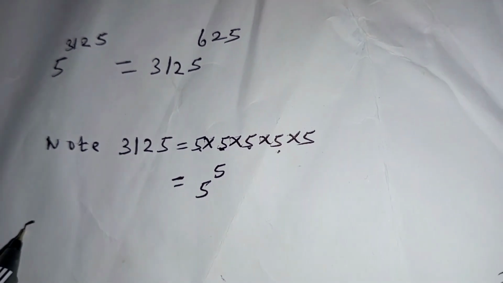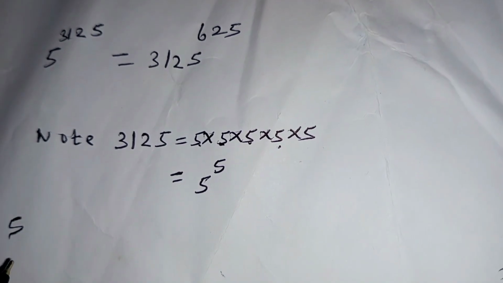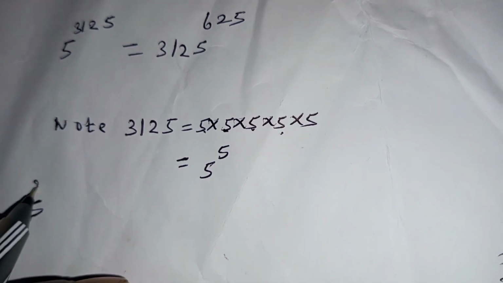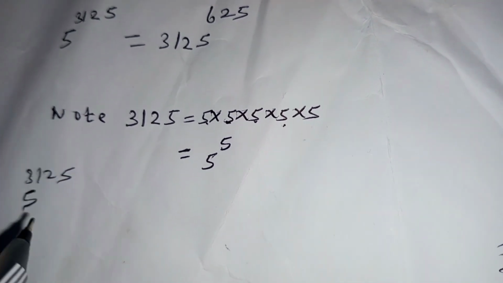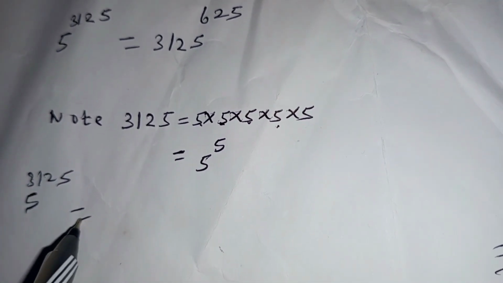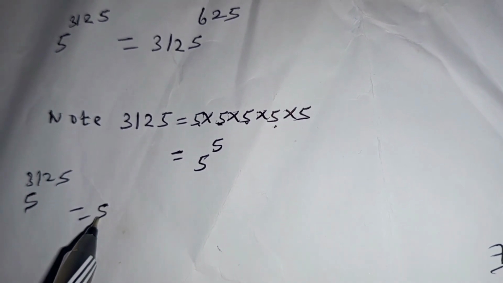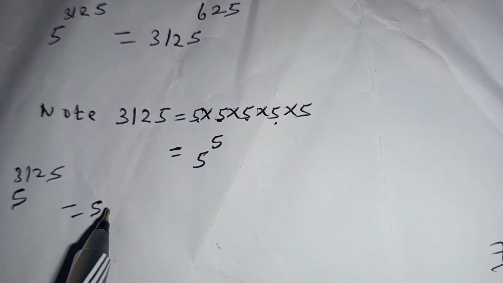So we have that 3125, which is equal to 5 to the power of 5, multiplied by 625.